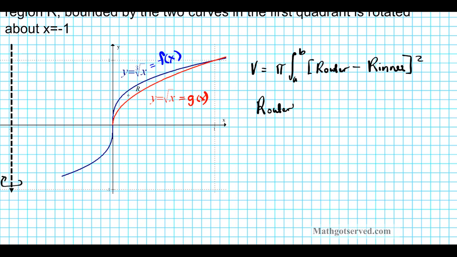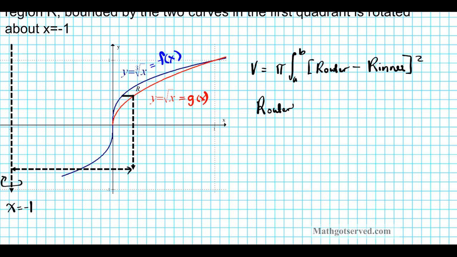Let's draw our radius. So this is the orientation of our radius. Since we're rotating about x equals -1, that is a vertical line, x equals -1. Now the outer radius is a measure from this end all the way to the axis of rotation. Okay, that is our outer radius.